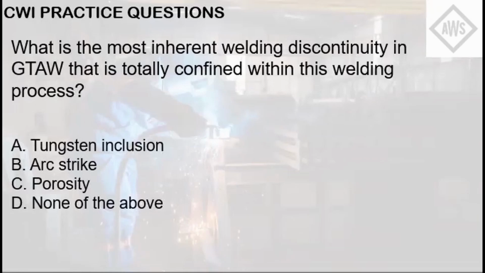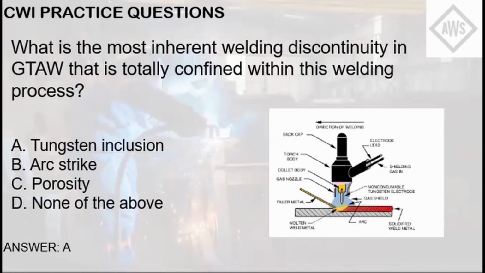Even if you're not that familiar with the discontinuities that typically come with this process, you will know from the name itself, gas tungsten arc welding, because the electrode consists of tungsten. You would know that tungsten inclusion is exclusive to that process, because no other welding processes have tungsten in it.